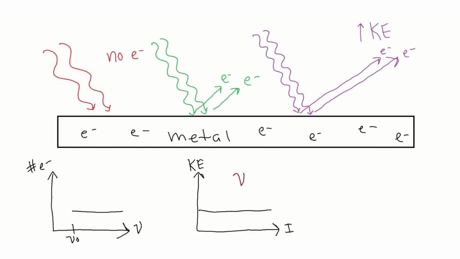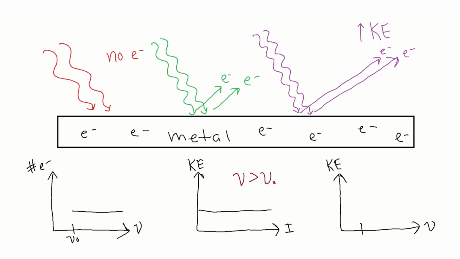By the way, this graph only applies to when the frequency of the light is greater than the threshold frequency. Otherwise, there are no electrons ejected, therefore no kinetic energy of ejected electrons. Now finally, let's draw a graph of the kinetic energy of emitted electrons as a function of the frequency of the incident light.